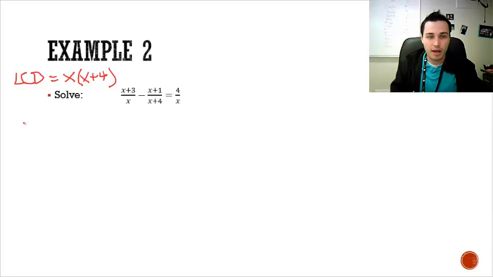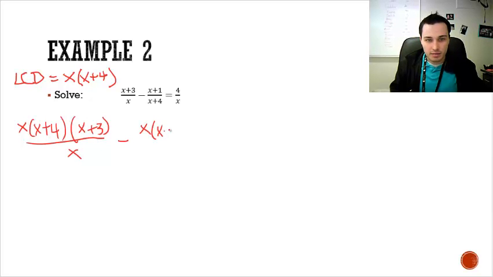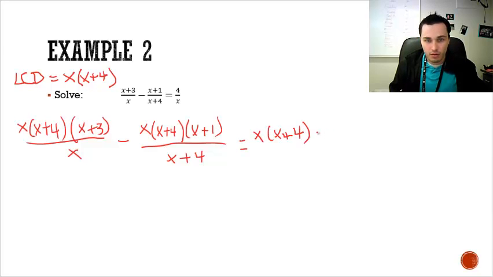So let's multiply that out. x times (x plus 4) times (x plus 3), over x, minus x times (x plus 4) times (x plus 1) over (x plus 4), equals x times (x plus 4) times 4 over x.